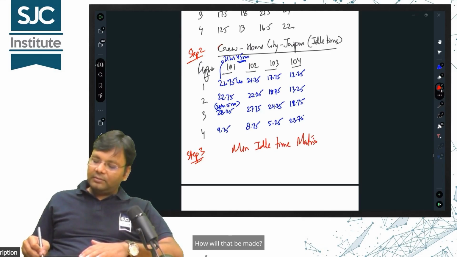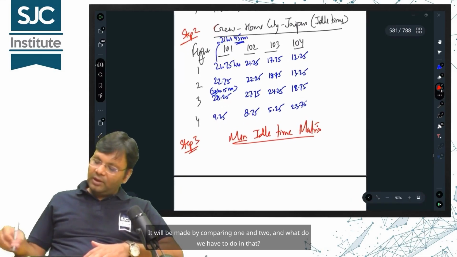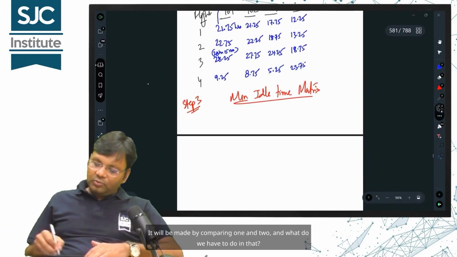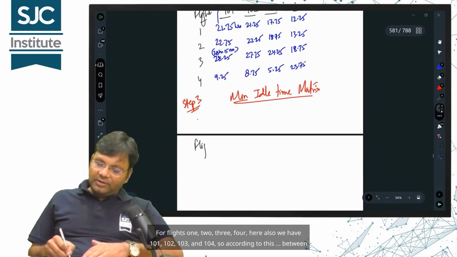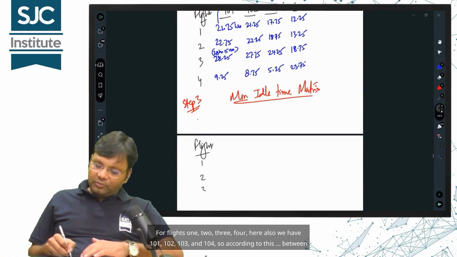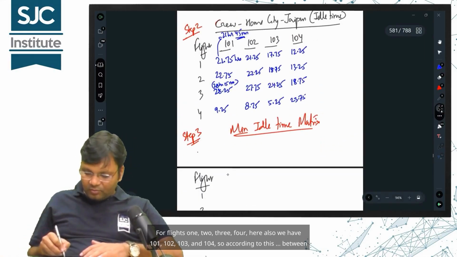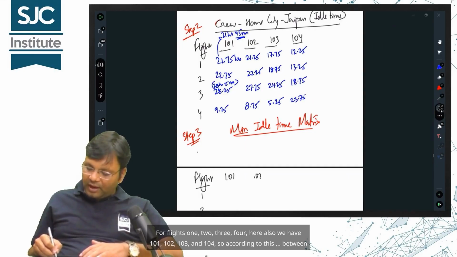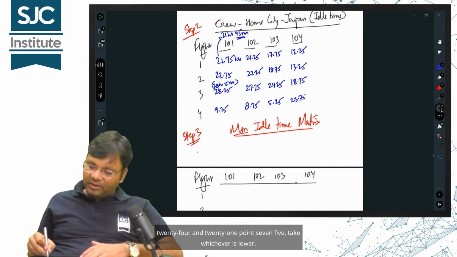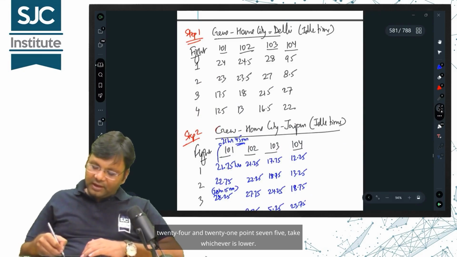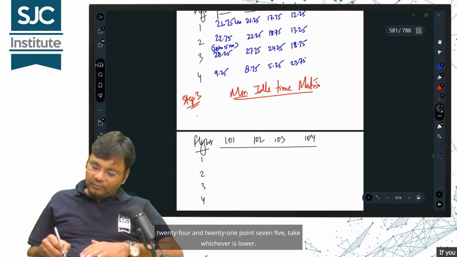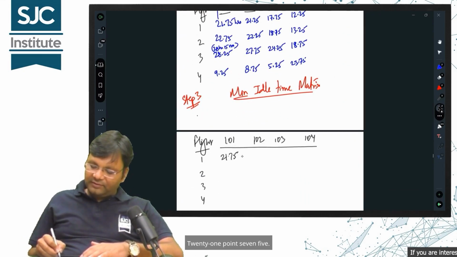How will that be made? It will be made by comparing 1 and 2. And what do we have to do in that? For flights 1, 2, 3, 4, here also we have 101, 102, 103 and 104. So according to this, between 24 and 21.75, take whichever is lower. 21.75.